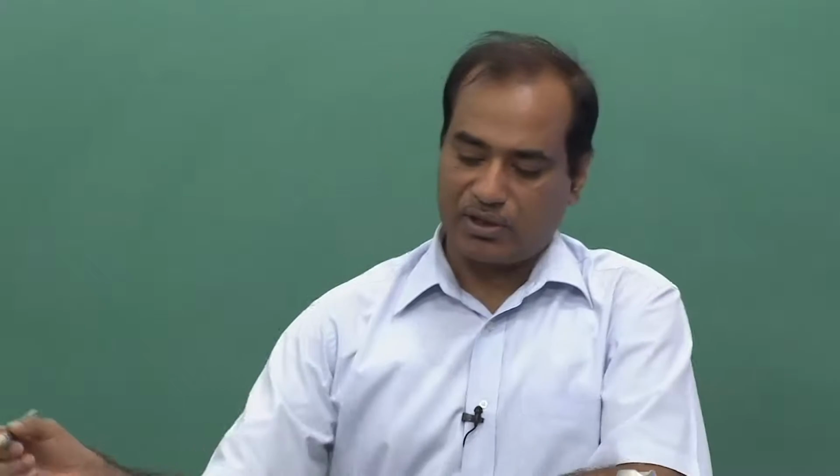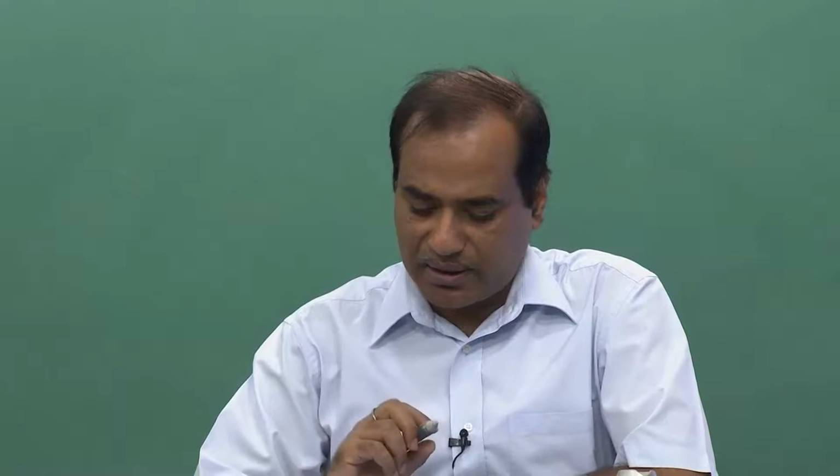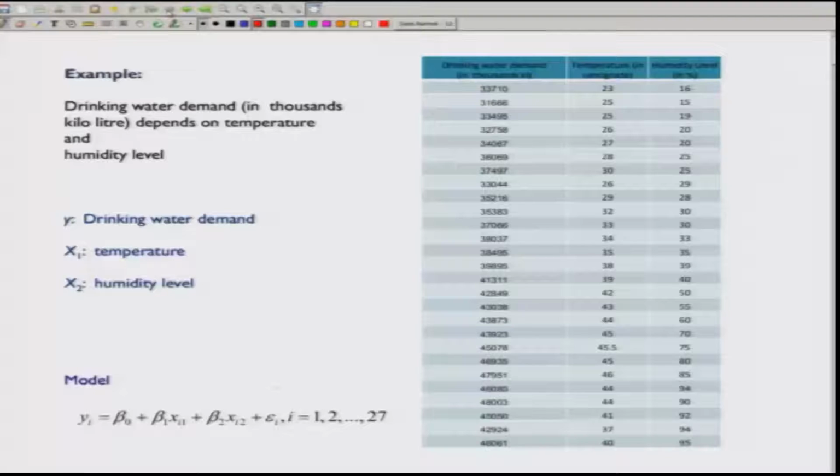So if you see here, I am going to consider an example where I am considering 27 observations, and these observations have been obtained on the demand of drinking water, which is measured in thousands kiloliter, and we believe that this demand depends on the temperature, that is the weather temperature, and humidity level.